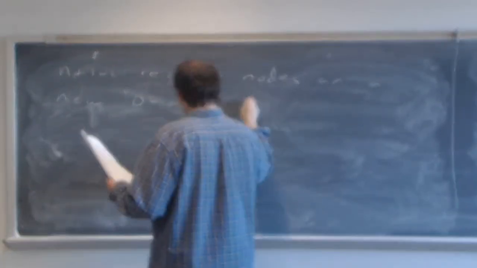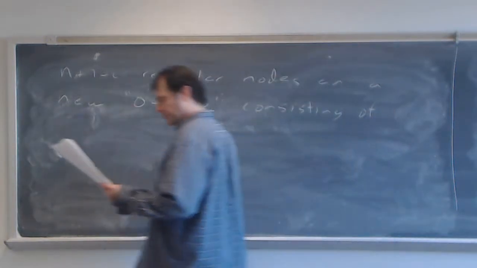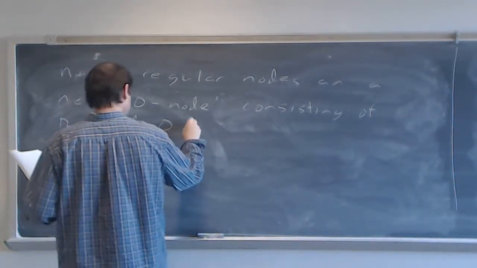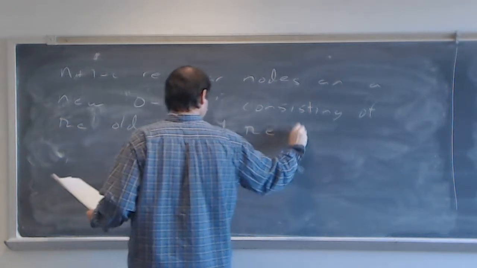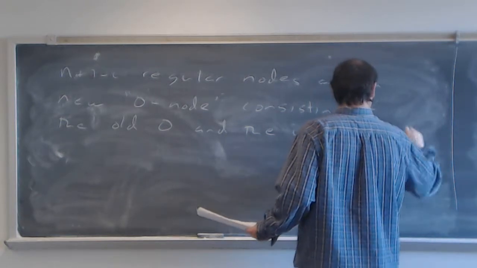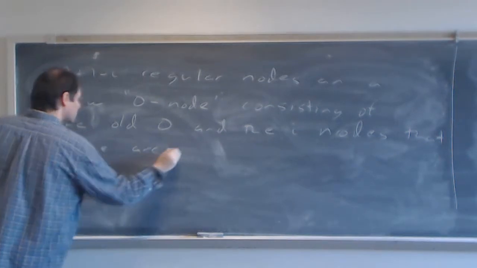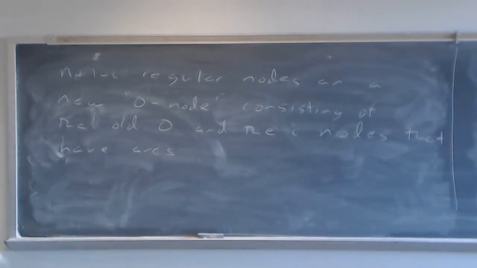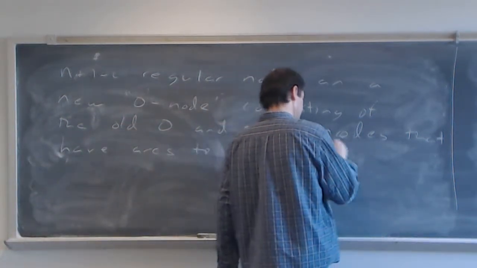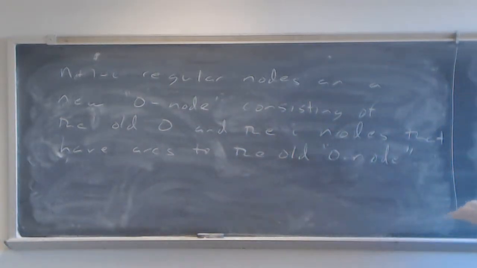This new one consists of the old zero node and the I nodes that have arcs to the old zero node.